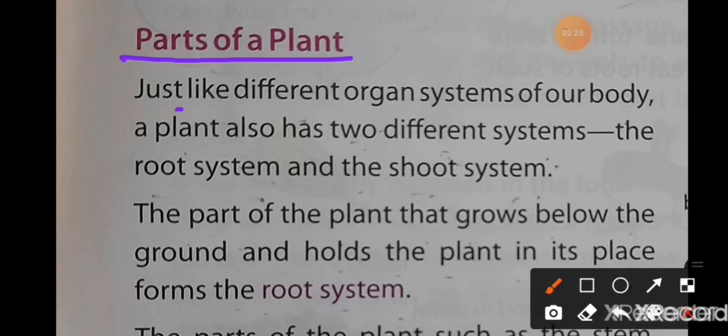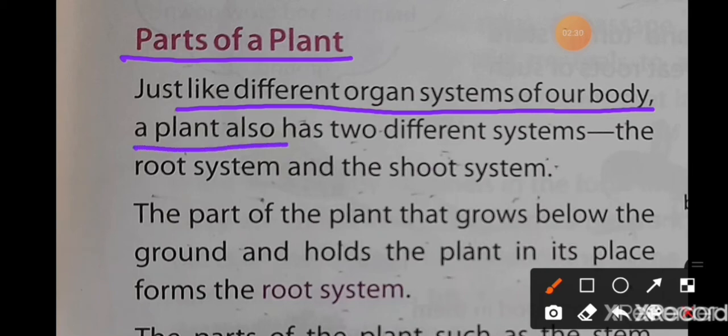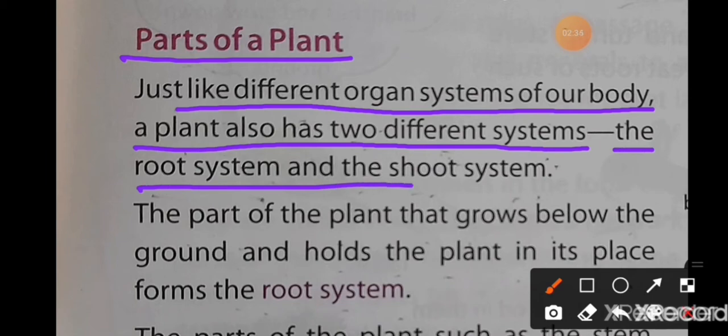Just like different organ systems of our body, a plant also has two different systems, the root system and the shoot system.